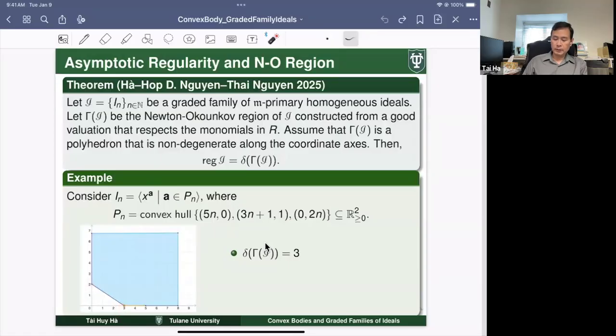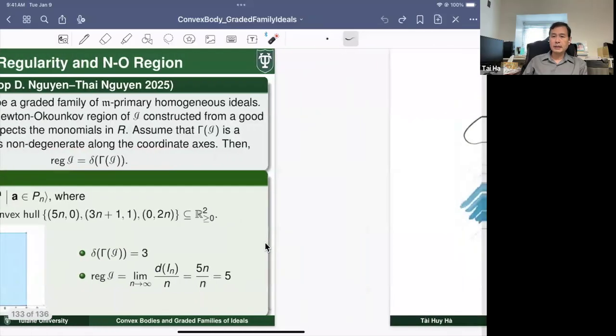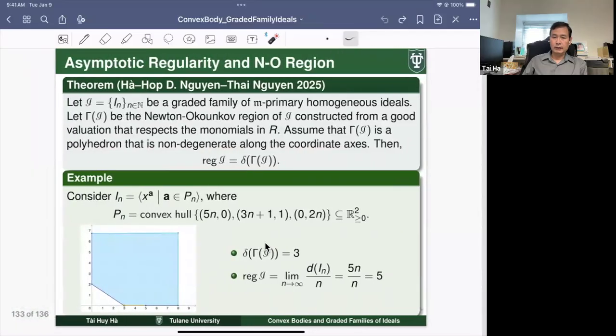The sum of coordinates is 2 for one and 3 for the other, so the max of them is 3. However, if we compute the regularity, the asymptotic regularity is actually 5. So in this case, without this condition, we do not have the equality. That basically says that this condition is necessary for our result to hold.